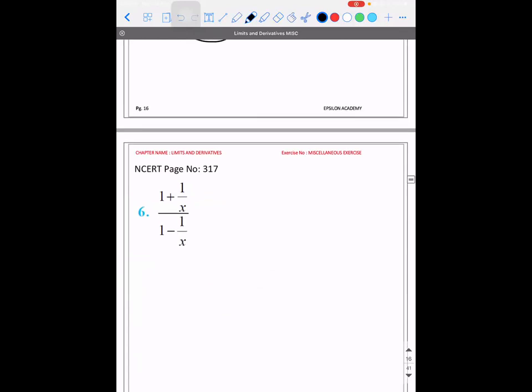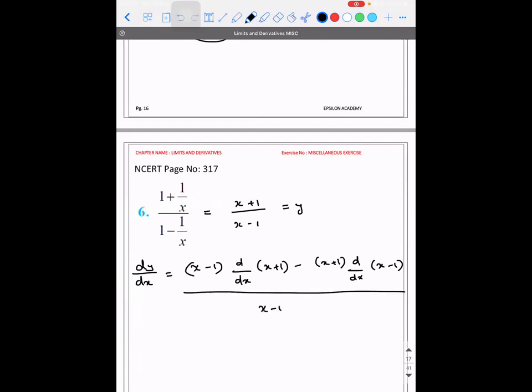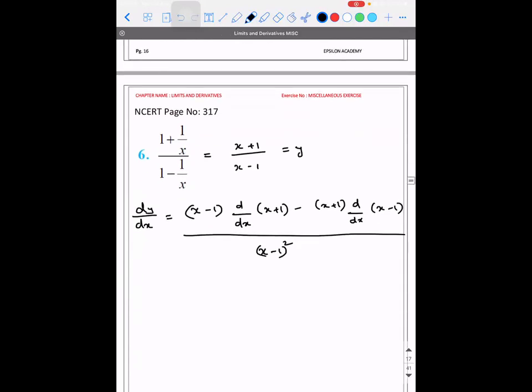Okay. Now see. Can I write this as x plus 1 divided by x minus 1 as y? So x minus 1 into d by dx of x plus 1 minus x plus 1 into d by dx of x minus 1, the whole divided by x minus 1 the whole square.